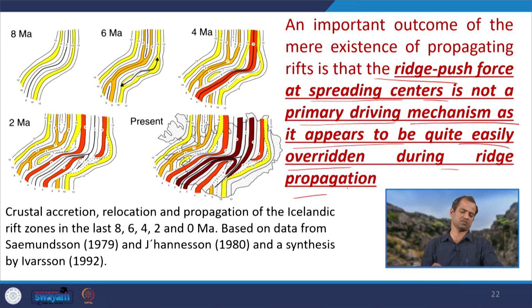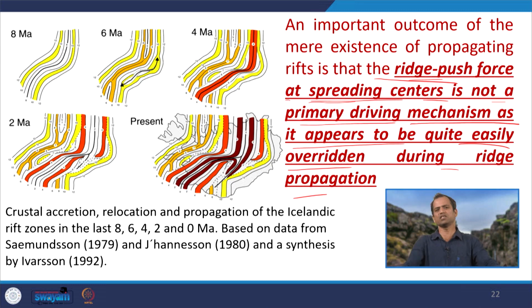the ridge propagation. So, if you see here, this is the ridge push system. When we talk about plate tectonics, we talk about ridge push forces and slab pull forces. At the ridge this pushing is dominant, and due to this pushing the plate movement is contributed to. So, the ridge push force at the spreading center is not a primary driving mechanism, as it appears to be quite easily overridden during ridge propagation.